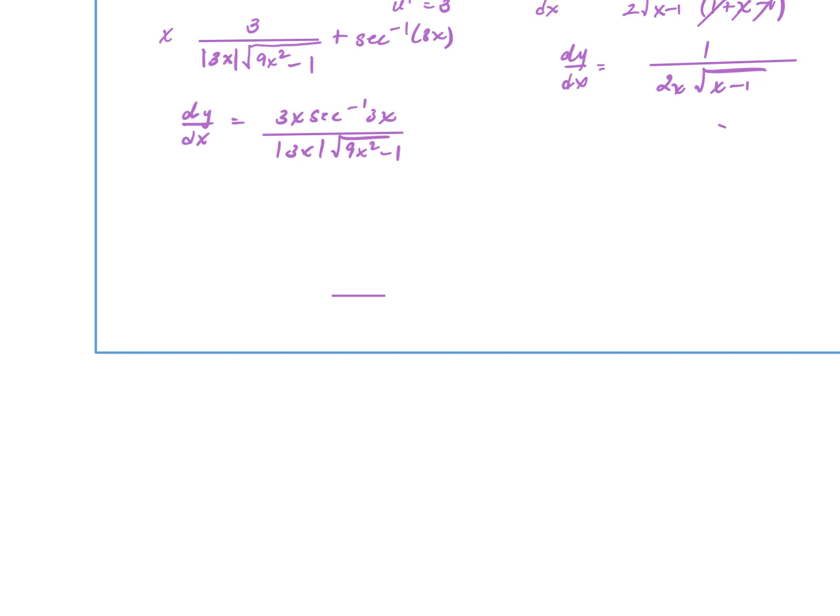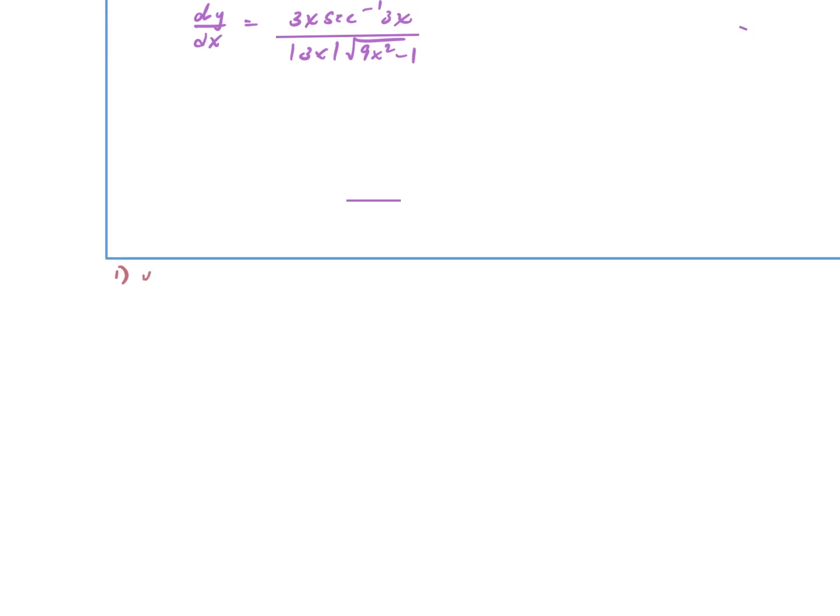So the first one was y equals sine negative 1 of x squared. So we'll say y prime, it's going to be 2x. So I'm going to do the derivative of the inner piece. Think of it as u prime, so 2x, and then over square root.